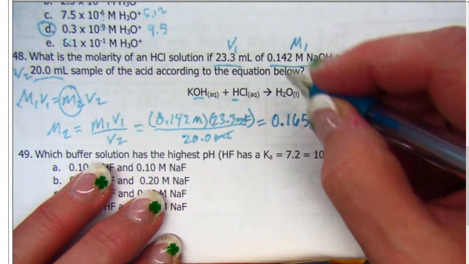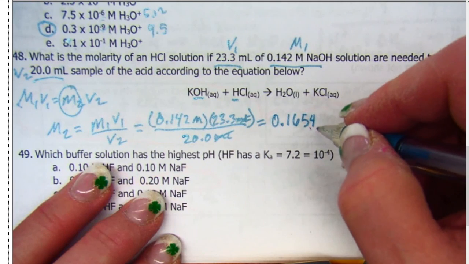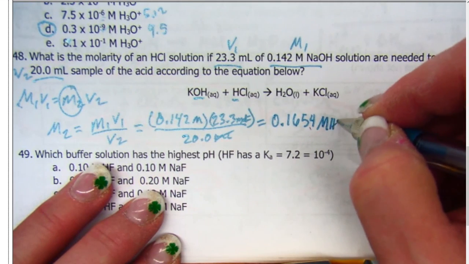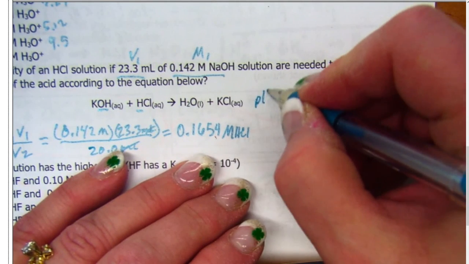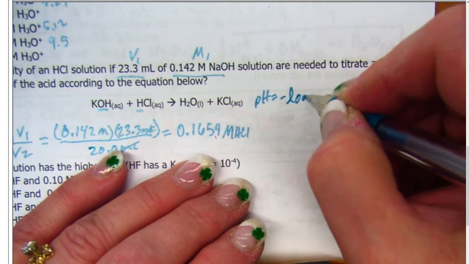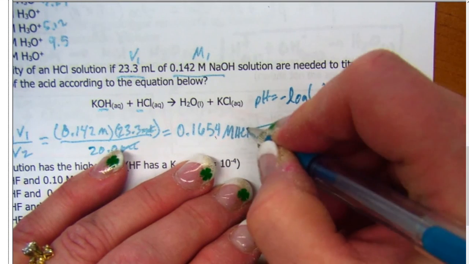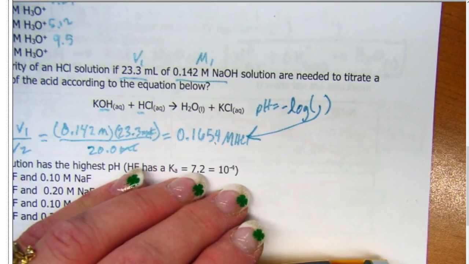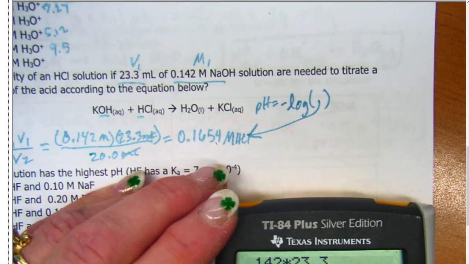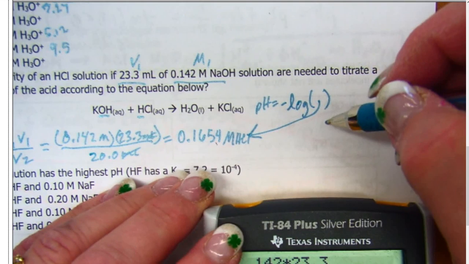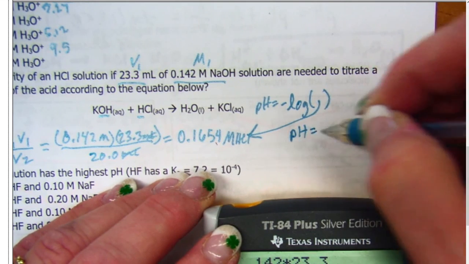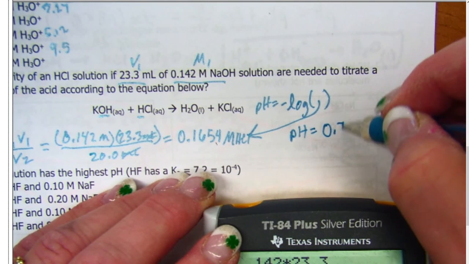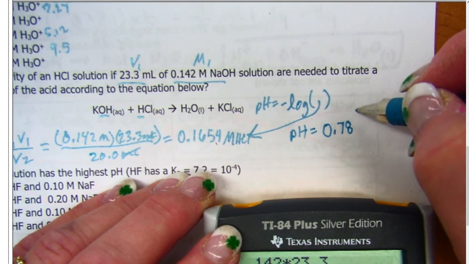I'm going to take one extra significant figure because I'm not at the end, molarity of the HCl. Then to get the pH, I'm going to take minus the log of that. So negative log of the answer, and I get a pH of, very strong acid, 0.78.